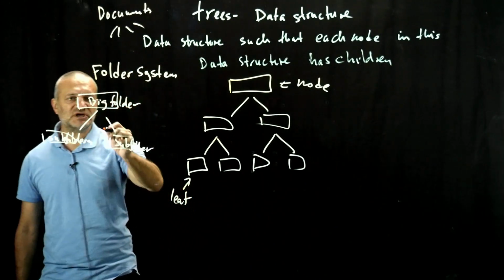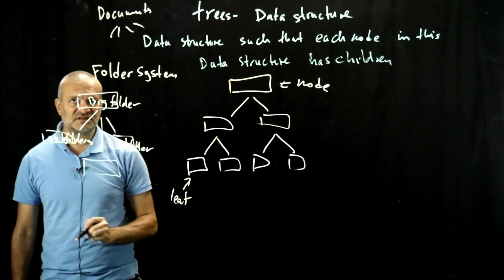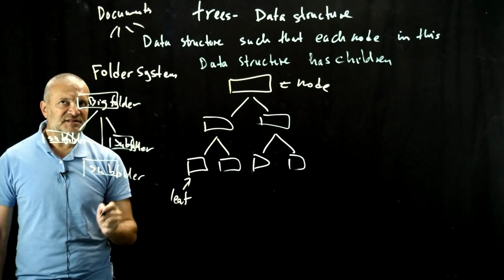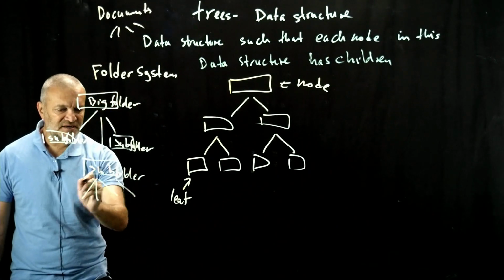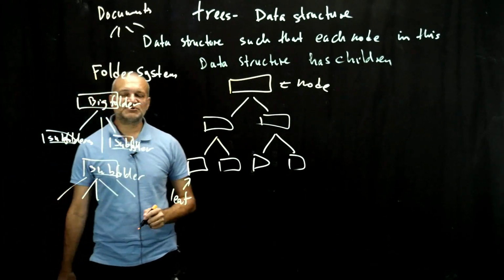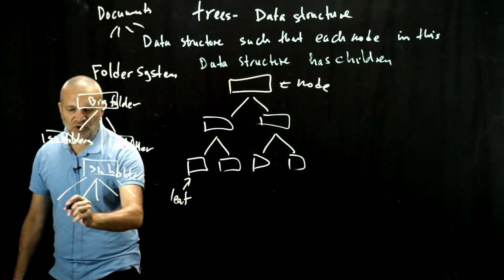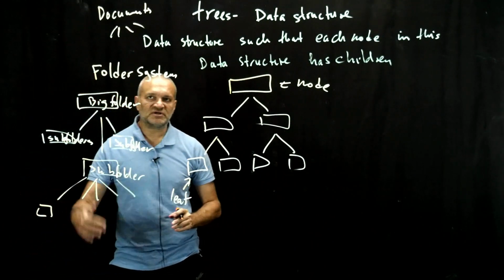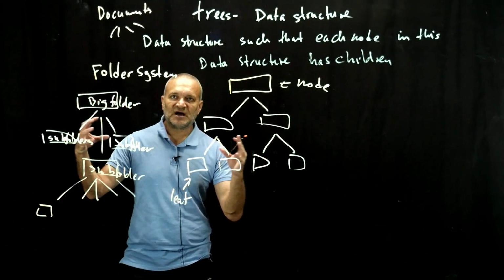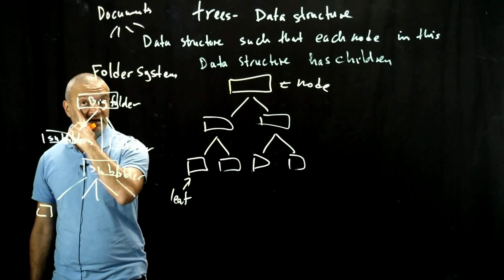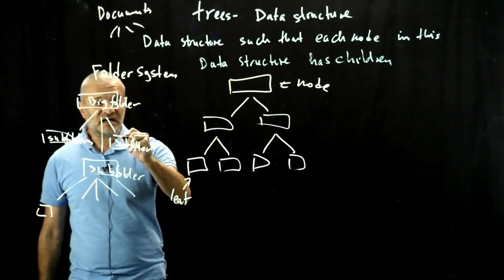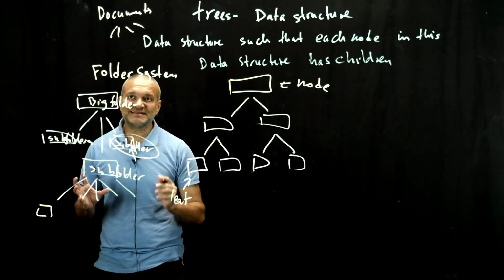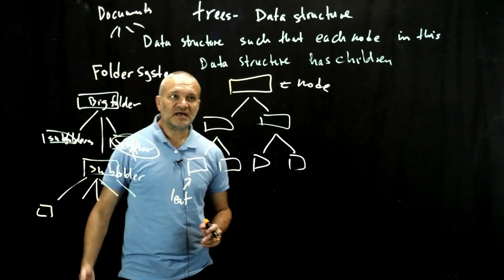Usually you get lost in these subfolders, but that's a different story. So you have a subfolder here, and then you have more subfolders here. You see that you have a tree structure. Now, in each subfolder, you may have files. But files are somehow contained in the folder, so they are not part of the tree. They are located inside this folder, so it's a little bit different setup. But I think you get the idea.